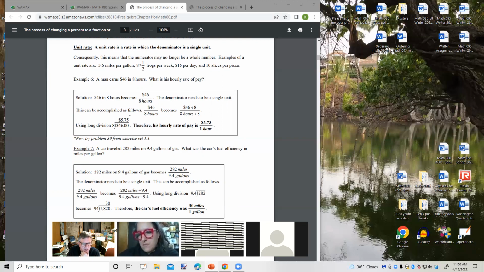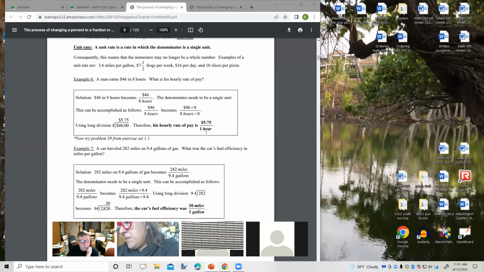This can be accomplished as follows. We're going to divide both the top and the bottom by 8. So 8 hours divided by 8 on the bottom gives us 1 hour. $46 divided by 8, we get $5.75. Therefore, his hourly rate of pay is $5.75 per hour, and that is a unit rate.